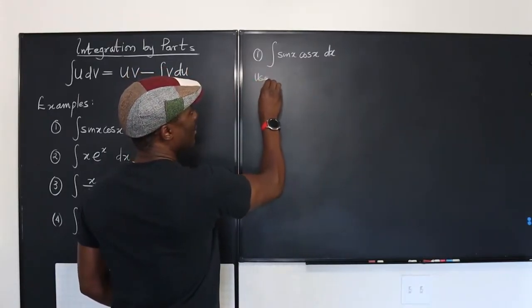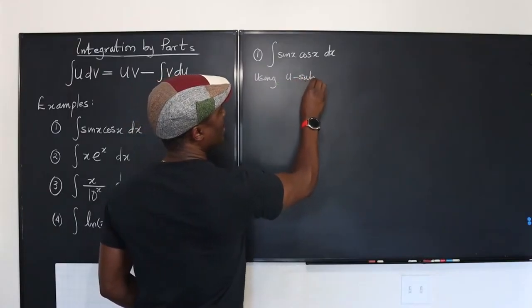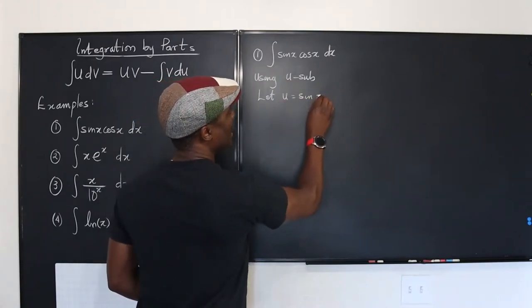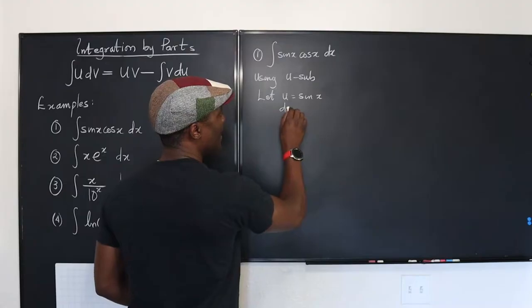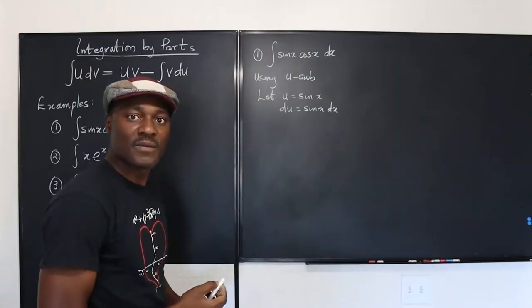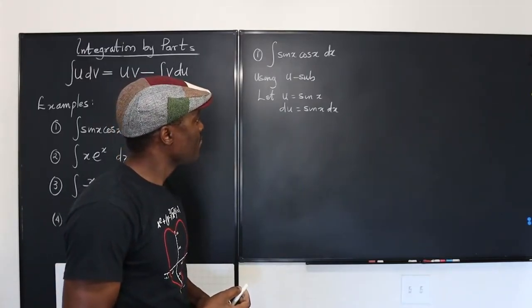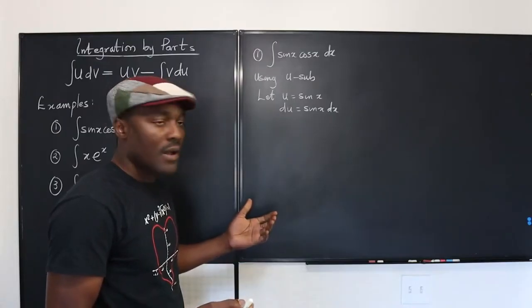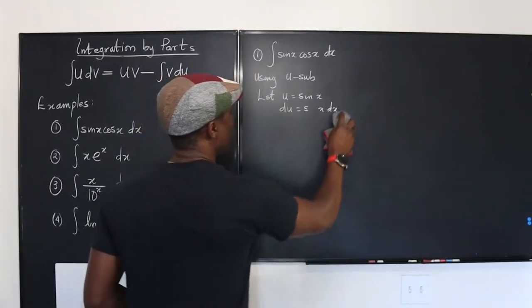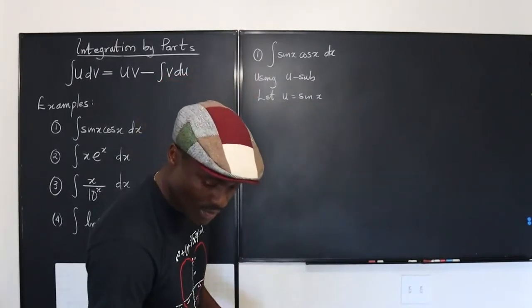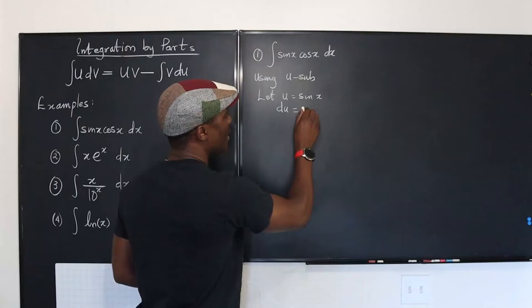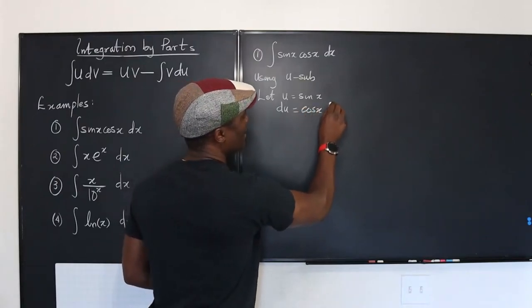So using u substitution, I'm going to say let u be equal to sine x. So that tells me that du will be equal to, sorry, cosine x dx.